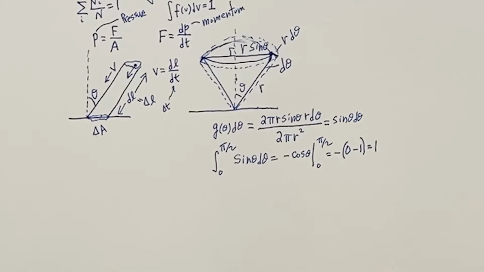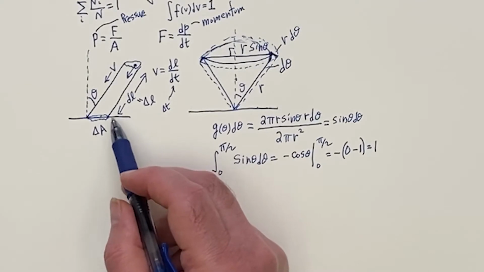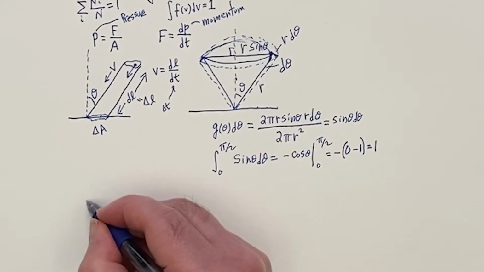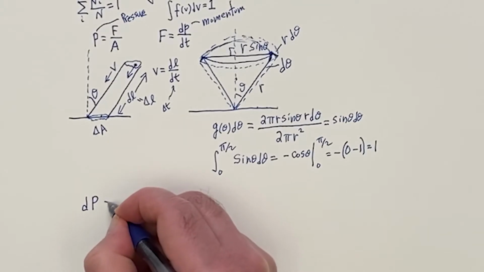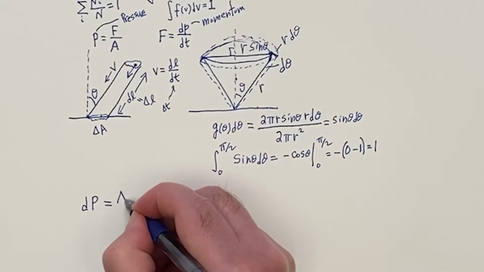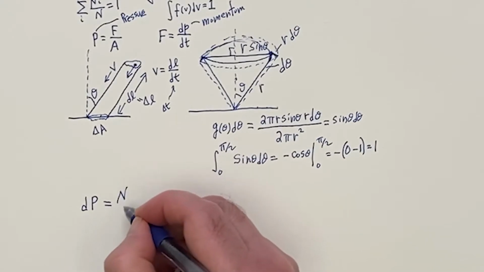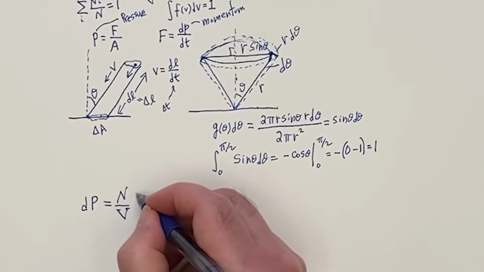Okay, so then what we do is we set up for the little bit of pressure down here. We're going to say the little bit of pressure due to this slant case, we'll have the number of particles in the room divided by the volume of the room. So this is the number density.